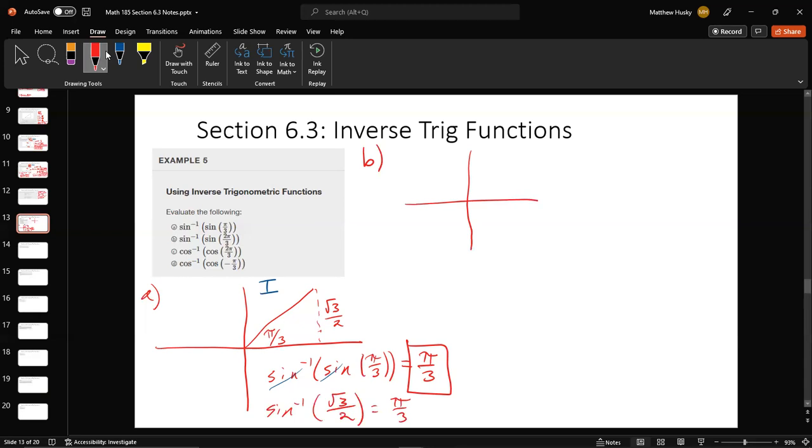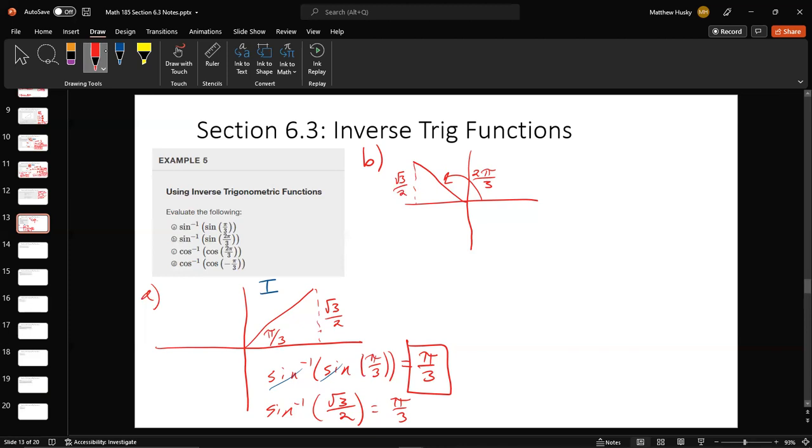So here we've got 2 pi over 3, which is this angle over here, also known as a 120 degree angle. Here, again, the sine is root 3 over 2.